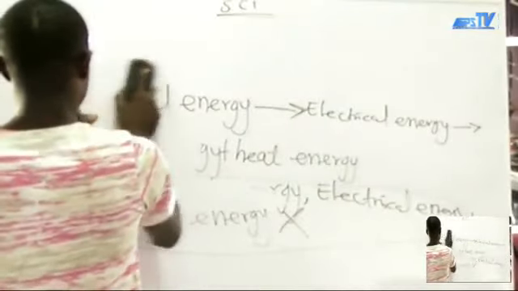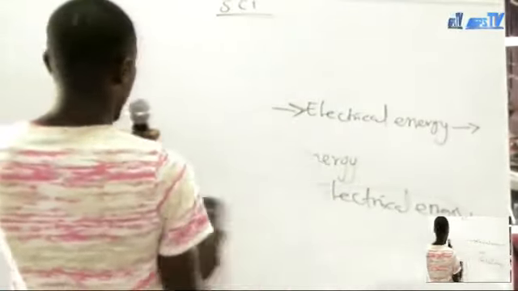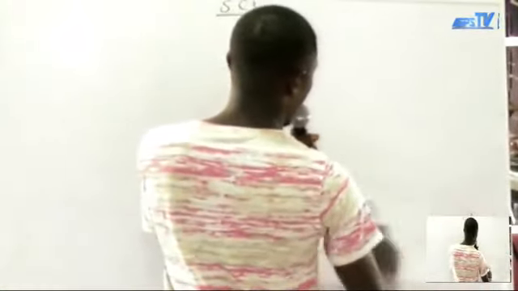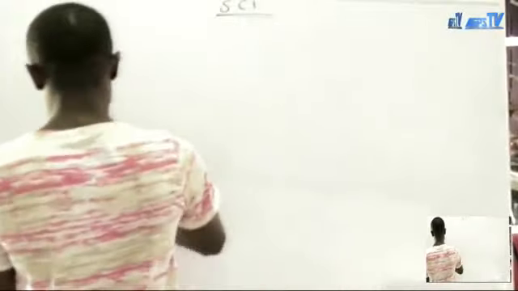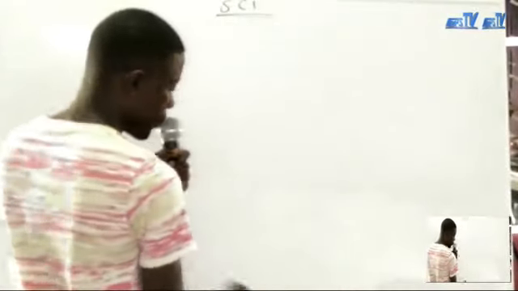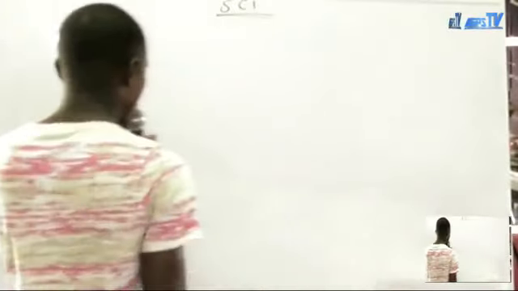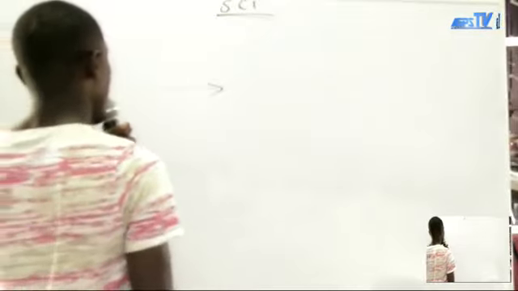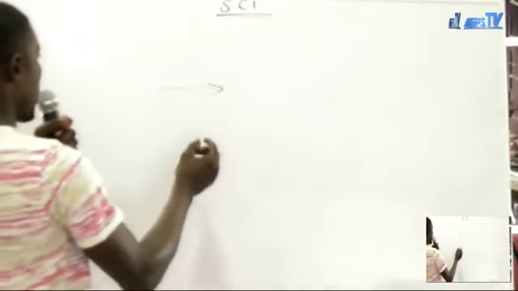So let us write down some examples of energy transformation. The most important thing is to remember this arrow. Don't list the energies, the forms of energies there, and bring comma.